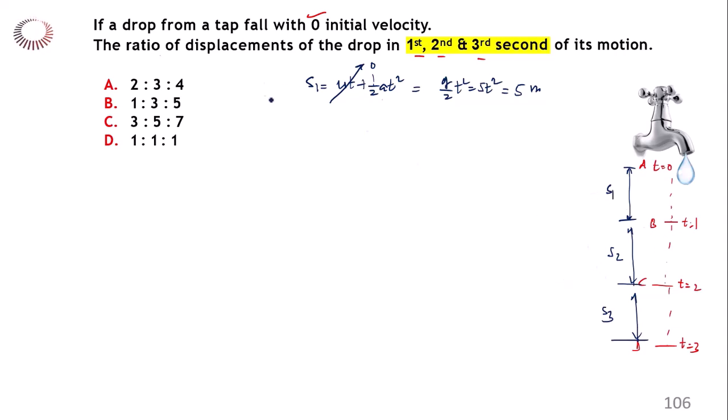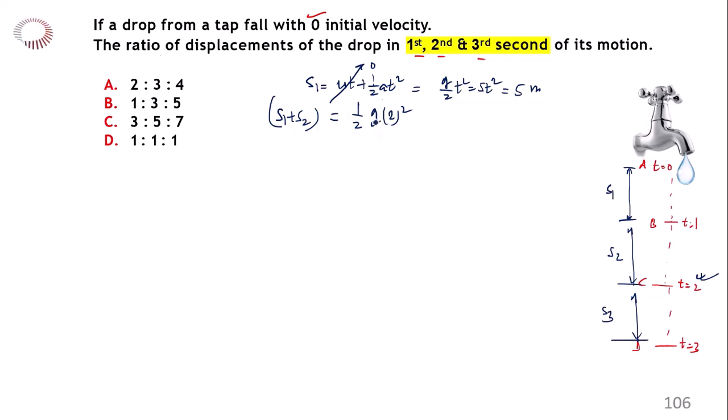Now if I add S1 plus S2, S1 plus S2 is nothing but the displacement of the particle in 2 seconds, because after 2 seconds the particle is over here. So can I write half g into 2 square? The particle travels a distance of S1 plus S2 in 2 seconds.